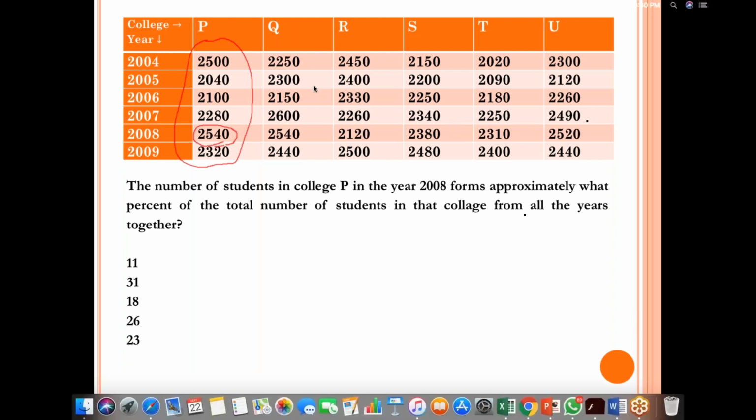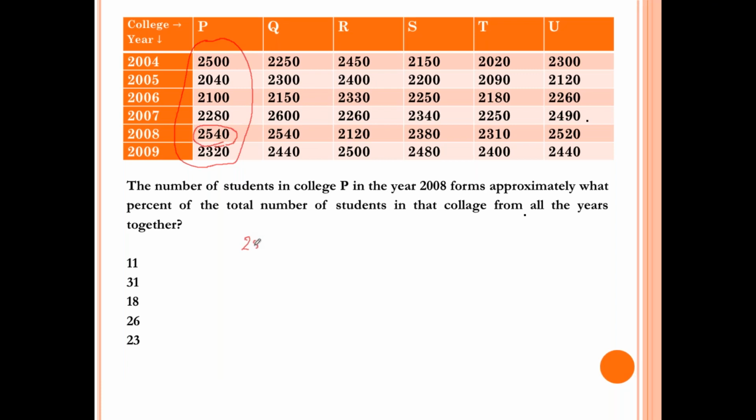It is absolutely 18, right? So usually what people do is they do 2540 divided by the sum of all the numbers. This is 25 plus 20, it is 45, and then 66, and 63, 23, 89, then 25 gives you 114, and then 23, 137.